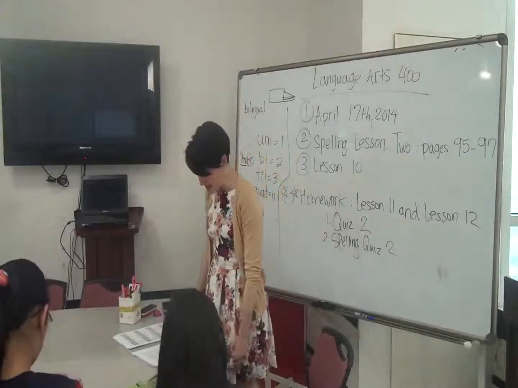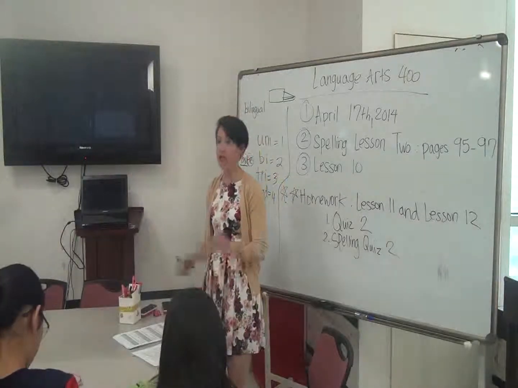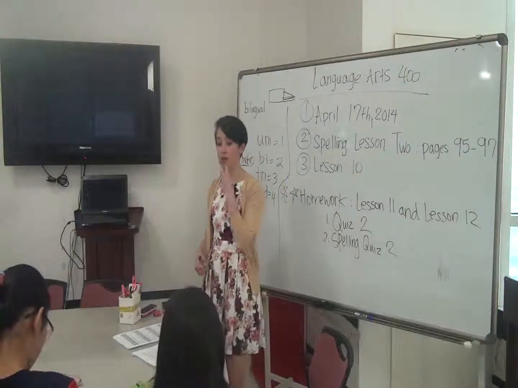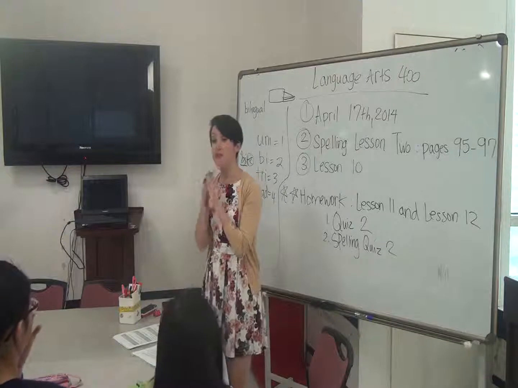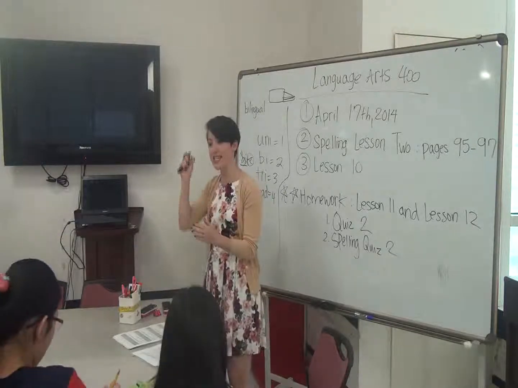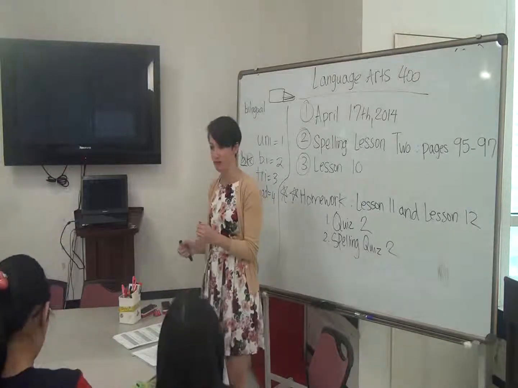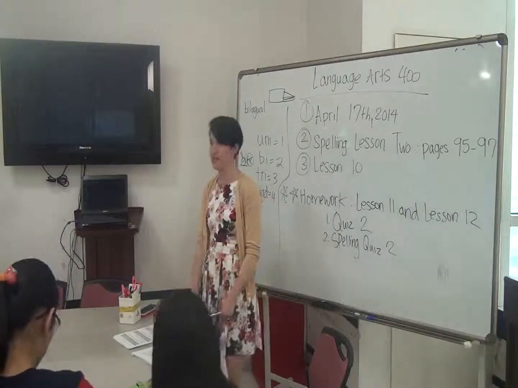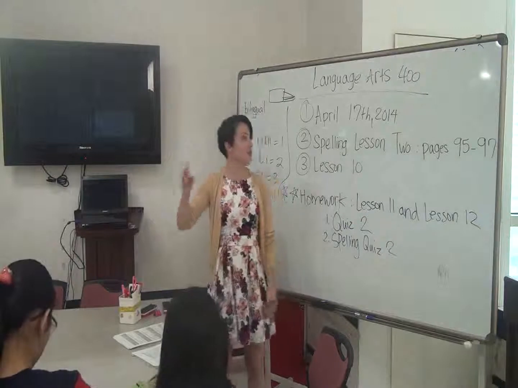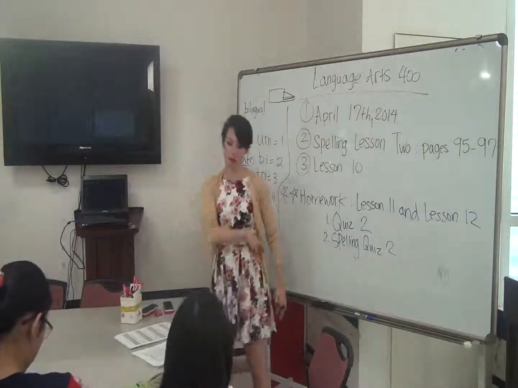Next one, fasten. Looks like fast N, but the way you speak a little bit faster. You say fasten. T sound is very soft sound, okay? Fasten, to join or connect. Biggest example of fasten is seat belt.